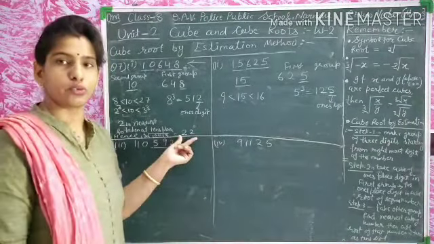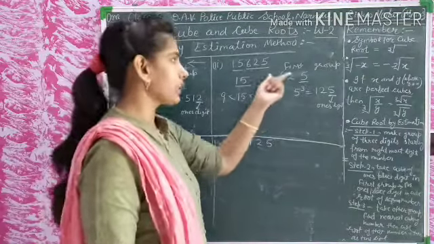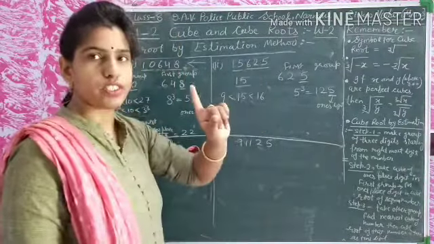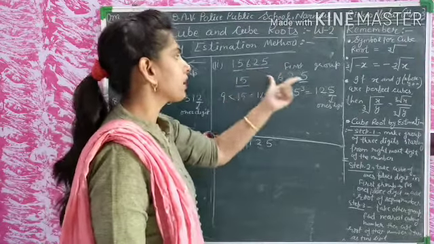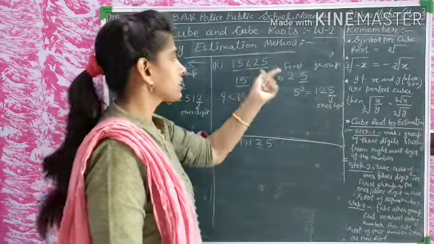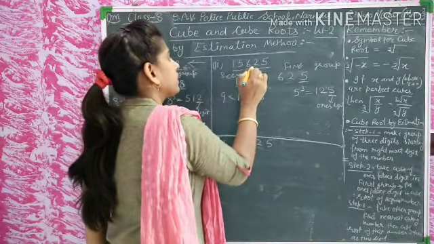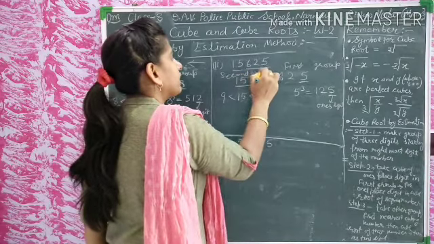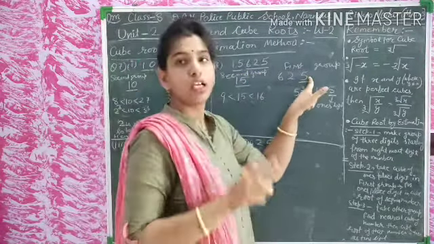And we do the same in all the questions. In this question, in the first step, we take groups of 3 digits. This is the first group and this is the second group. You can see that the number in the first group is 625 and its ones place digit is 5.